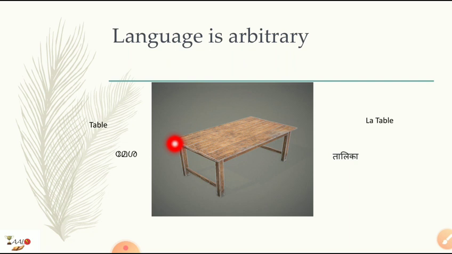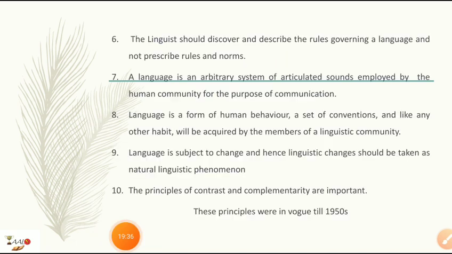But it is not like that, which shows that language is arbitrary. It is chosen at random. The naming process is done in a random manner. Hence, there is no one-to-one relationship between the thing and the sounds used to denote it. Hence, language is arbitrary. I hope that it was clear.